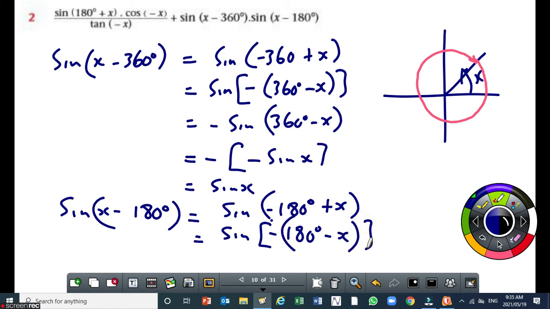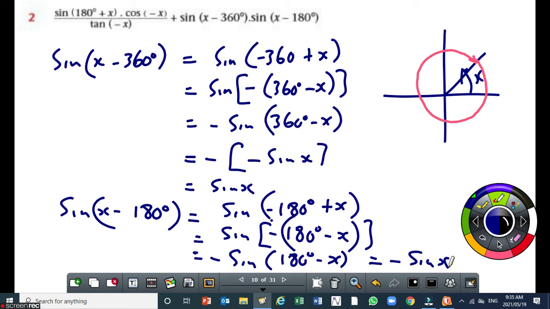Then we use our knowledge of negative angles, sine of minus theta. So this will become minus sine of 180 degrees minus x. What is sine of 180 minus x? It's equal to sine x. Because of this minus here, you get minus sine x.